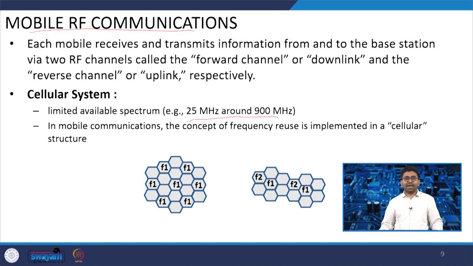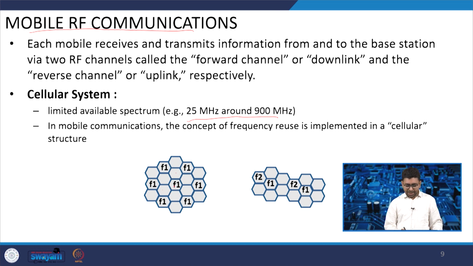How exactly does it happen? If you have one frequency f1, then around f1 there are 5 or 6 other cells, and those cells have different frequencies. If this is f1, then those are f2, f3, f4, f5, f6 and f7.